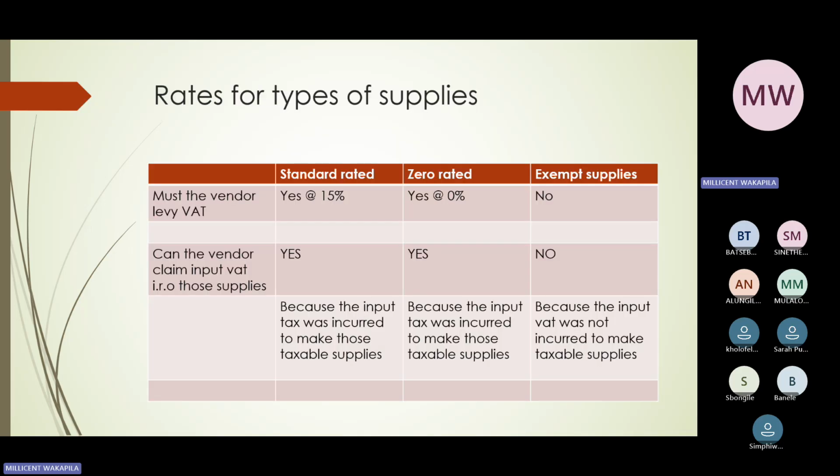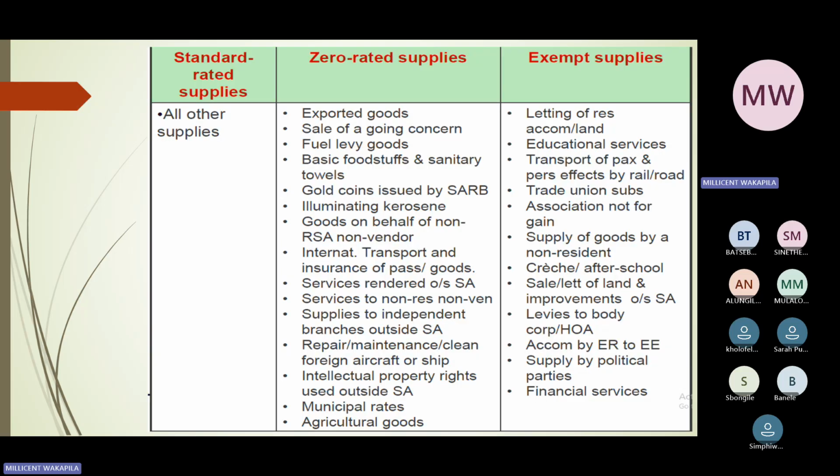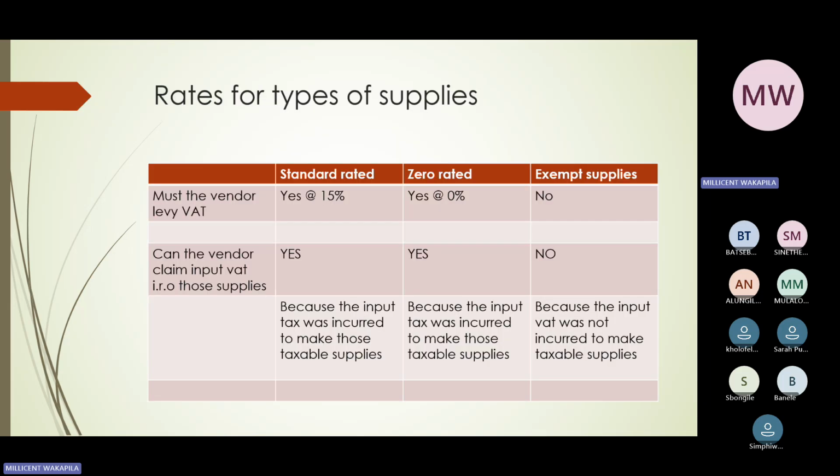So the rates for types of supplies, right? The standard rate, I said 15%, the zero rate is 0%, and the exempt supply, it's no VAT, right? There is no similarity whatsoever between zero rated and exempt supply, as you've seen from the list. A zero rated supply is a zero rated supply, an exempt supply is an exempt supply, right? There is no relationship, right?